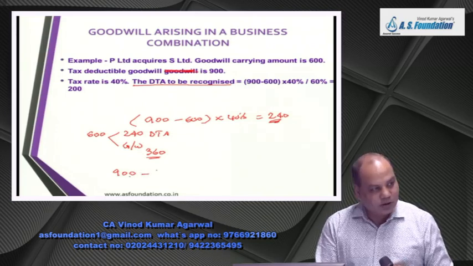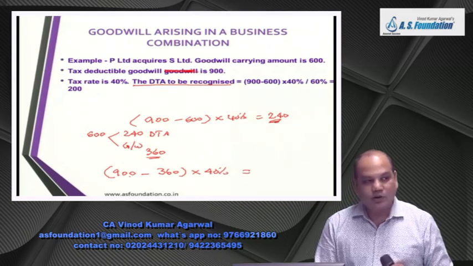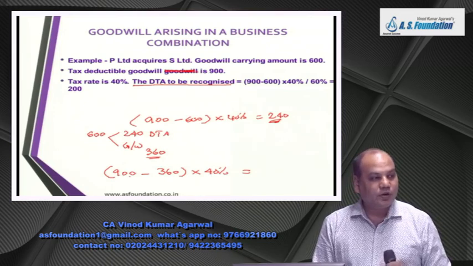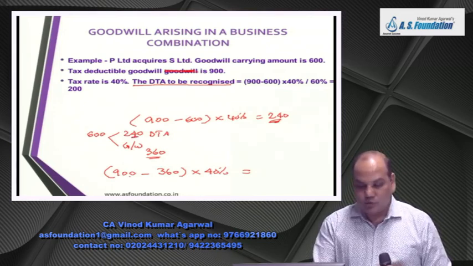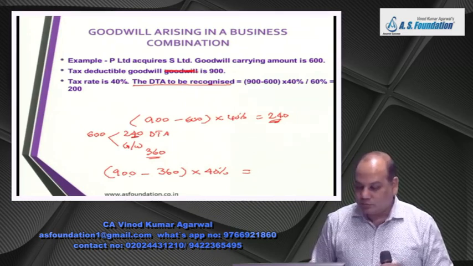Tax base is 900, carrying amount is 360, and if I multiply this by 40%, check how much is the answer. 900 minus 360 into 40%, 216, but you have recognized 240 DTA. So DTA calculation has gone wrong.